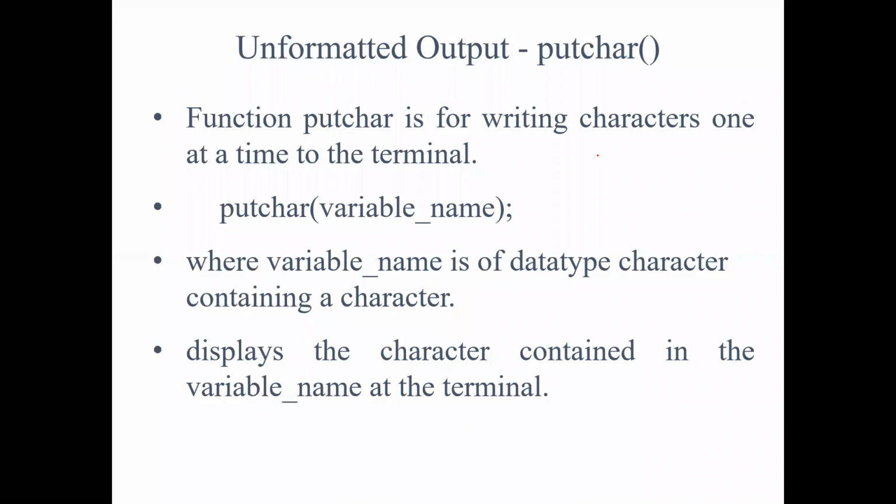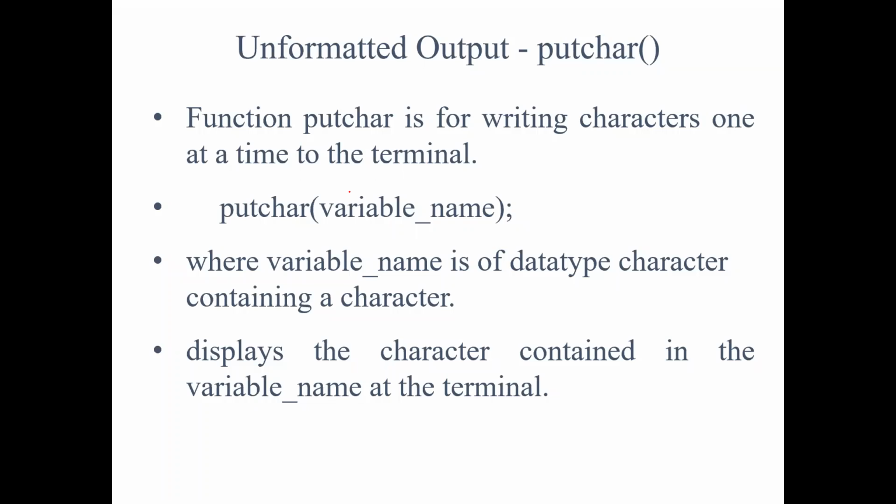Till now we were seeing getch and getchar, which are used for the unformatted input. Now for unformatted output we can use putchar, right? The function putchar is for writing characters one at a time to the terminal. As I was telling, functions may take an argument and return a value.